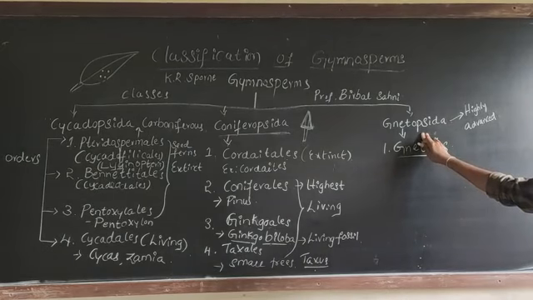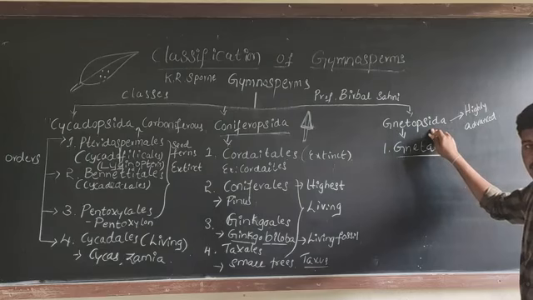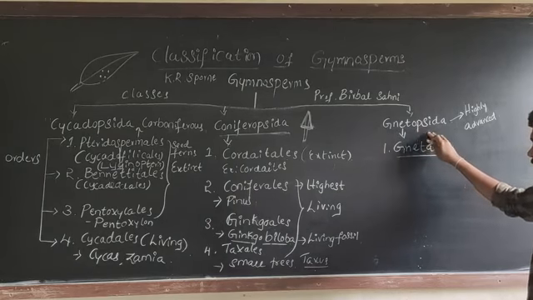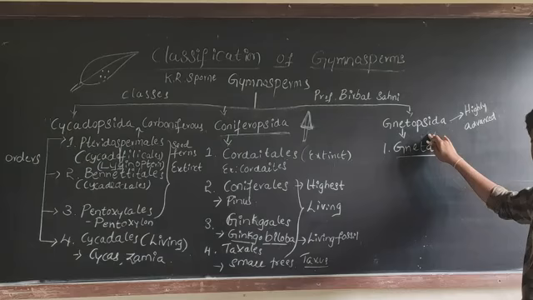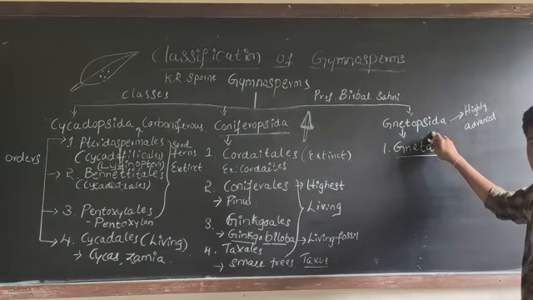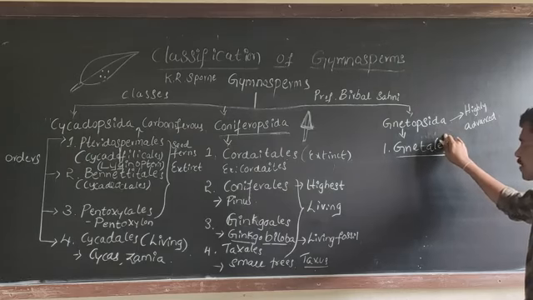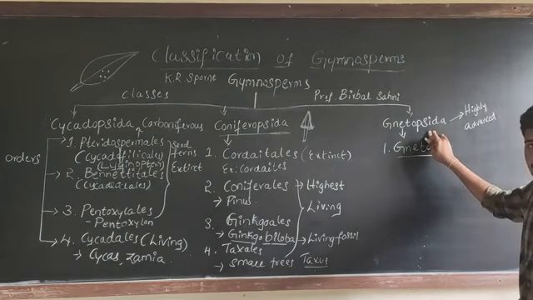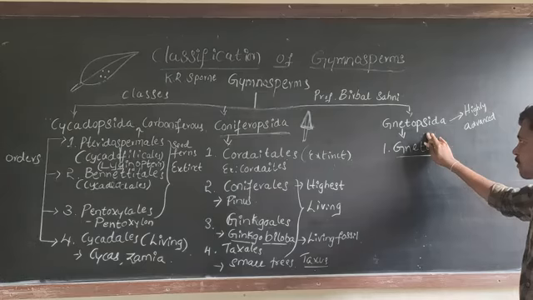All other components of xylem and phloem are present except vessels and companion cells. But in the class Gnetopsida, the plants consist of vessels in xylem and companion cells in phloem, while in all other gymnosperms they are both absent.